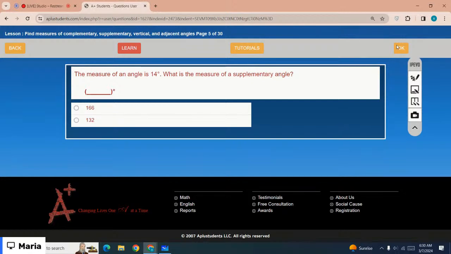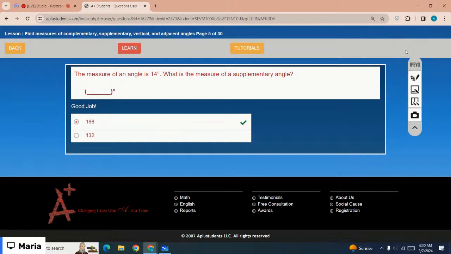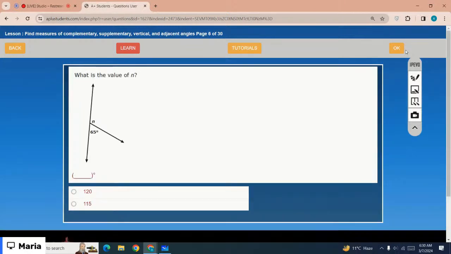Yes, the correct option is 166 degrees. Option number 1 is the correct option. Yes, the correct option is 115 degrees. Option number 2 is the correct option.